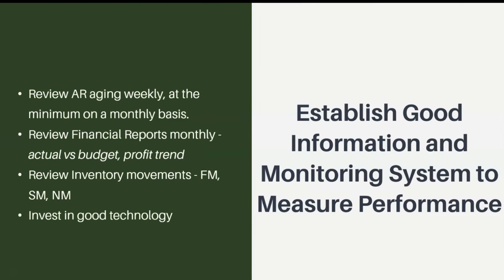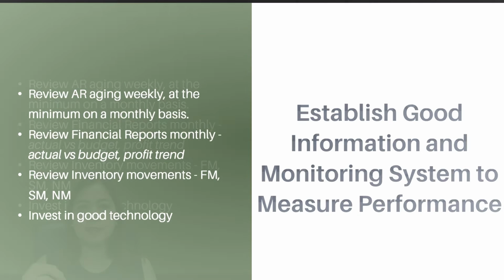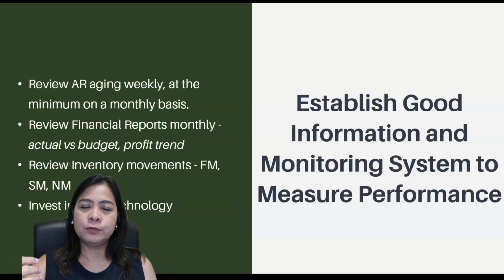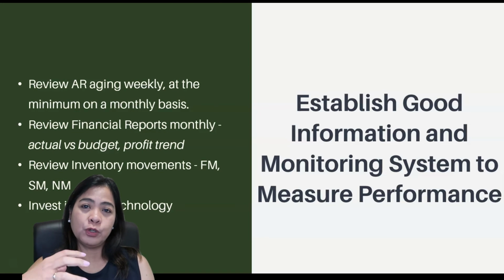Now, establishing good financial information and a monitoring system will help you in measuring your actual performance. So in your business, as I said at the start of this video, you would have business objectives and financial objectives, and that would be your basis for determining if you're able to achieve your financial objectives.